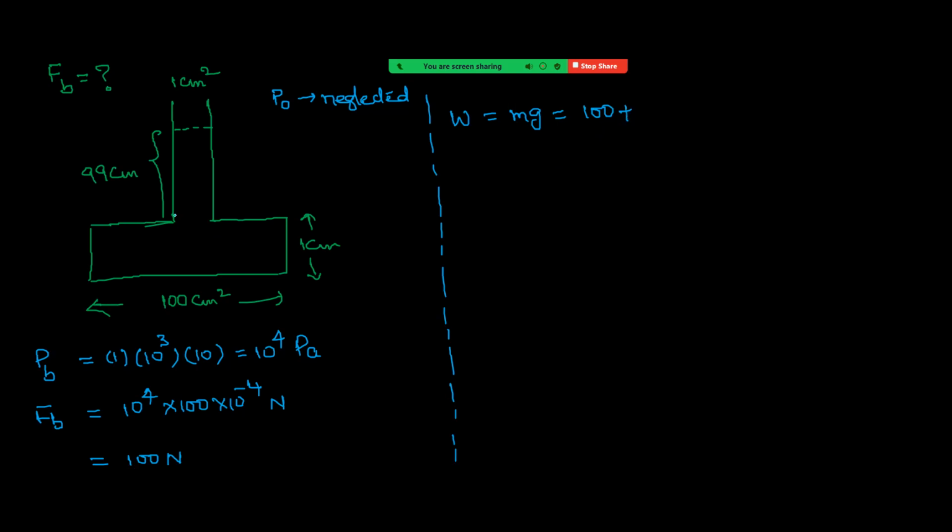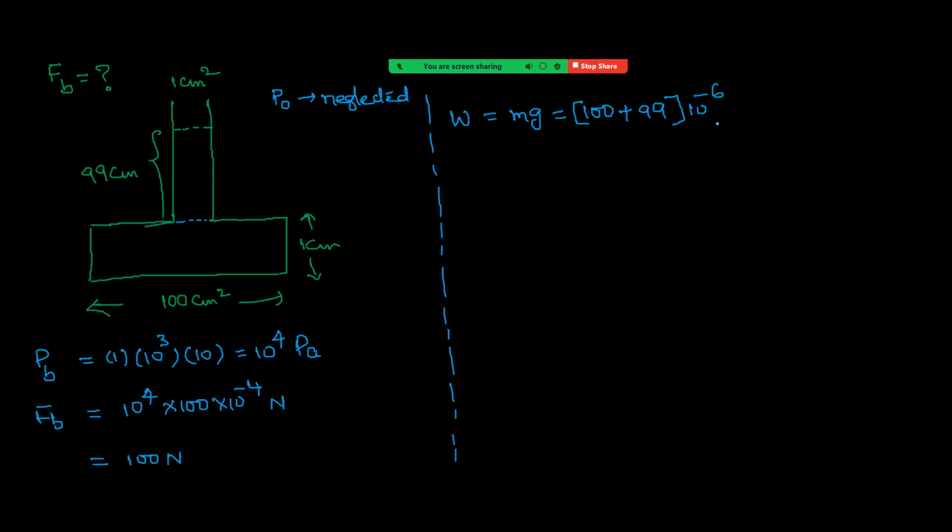Plus, coming to this volume, focus now on this part. Area equal to 1, height equal to 99. So 1 into 99. So 199 centimeter cube. Convert that into meter cube, that is 10 power minus 6.